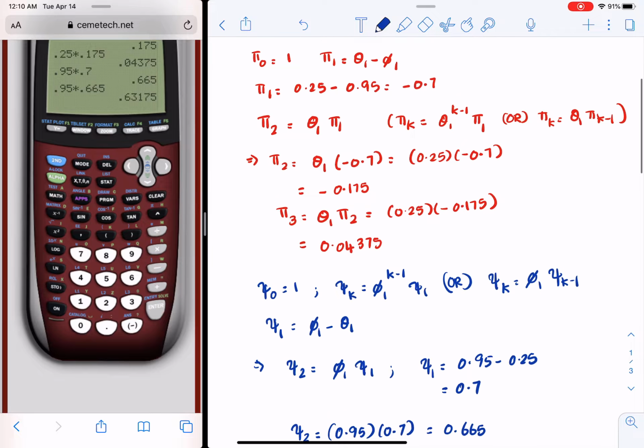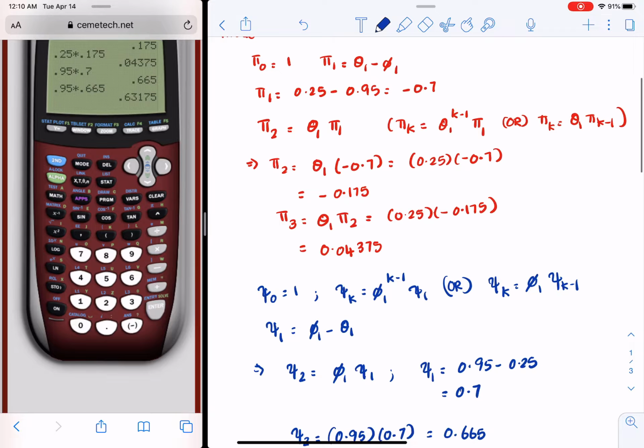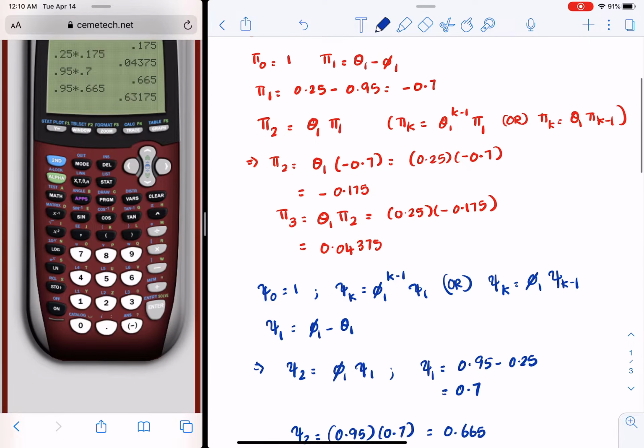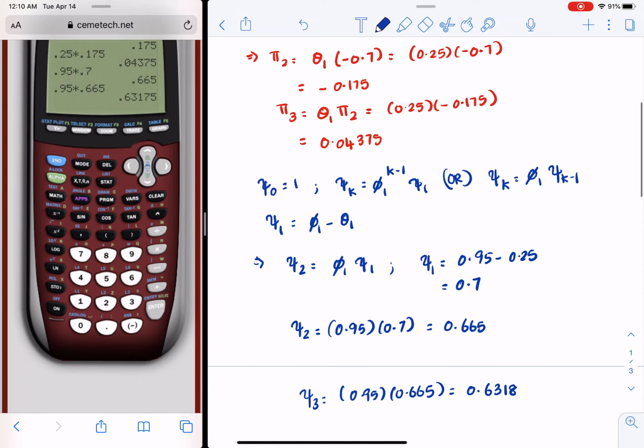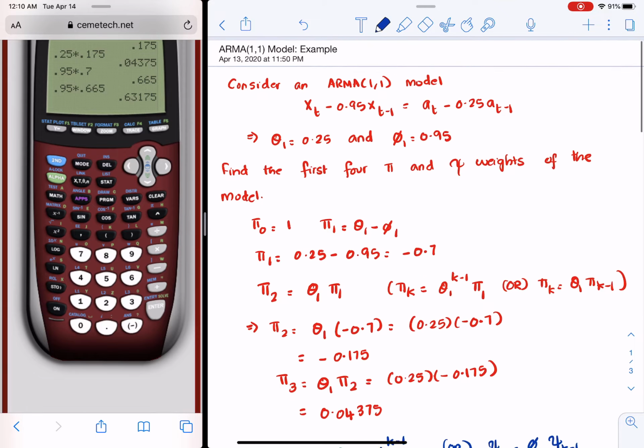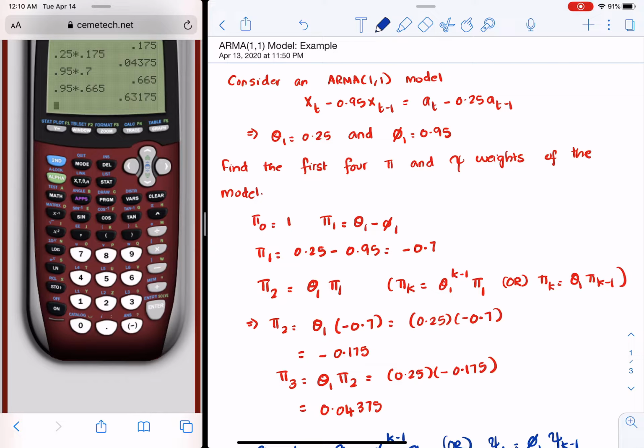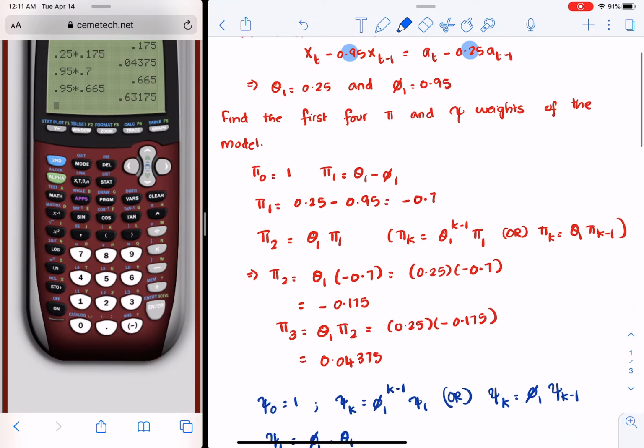The pi started at 1, then moved to negative 0.7, and it dropped really fast. But the psi, it's pretty gradual. That is because of the values of phi 1 and theta 1. Phi 1 is 0.95, theta 1 is 0.25, so the pi weights would approach 0 faster compared to the psi weights.